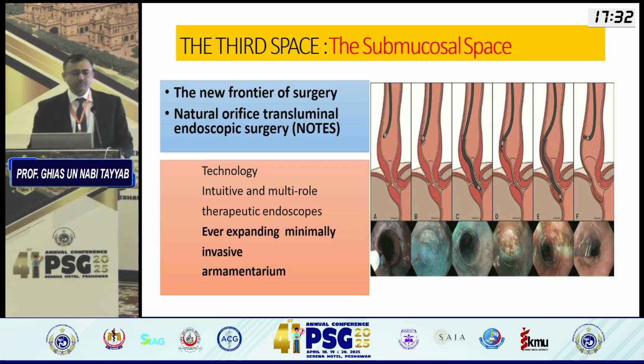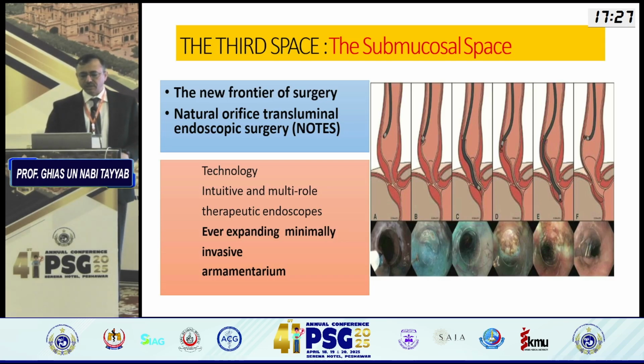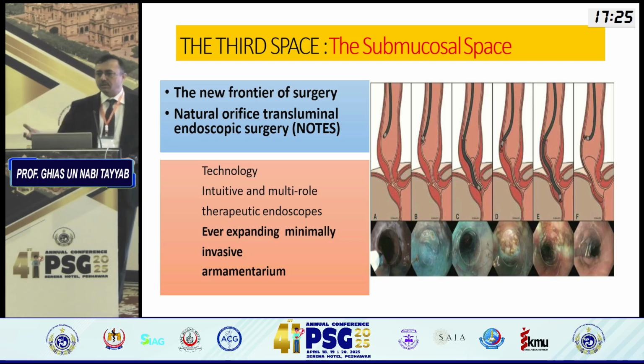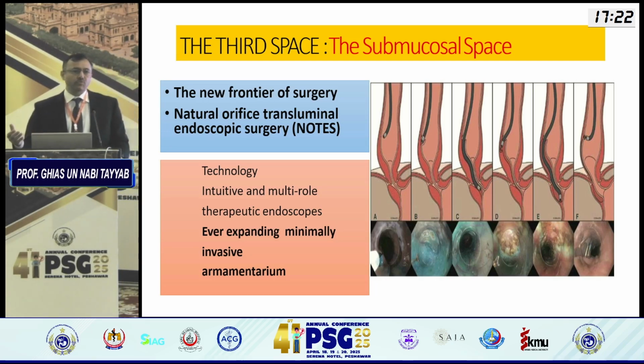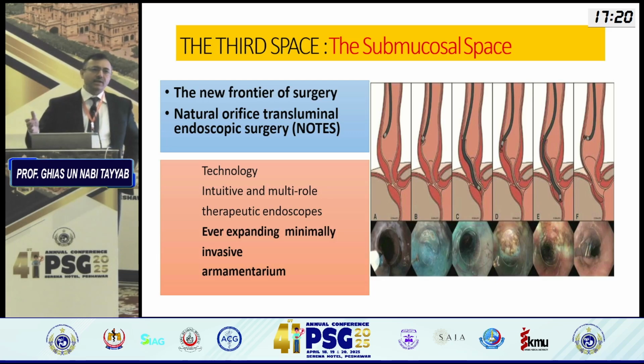So the third space, the new frontier of surgery, natural orifice transluminal endoscopic surgery, was a term used by Kalloo many years ago when I was also under training, and ever since that time the evolution has taken place. With the first publication in 2008 by Ortega, followed by Inoue, and the first live demonstration back in 2009, the POEM procedure has virtually replaced achalasia cardia management by pneumatic balloon dilatation and Heller's myectomy all over the world.